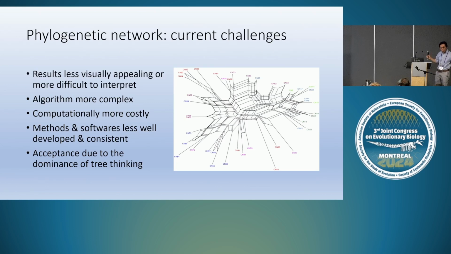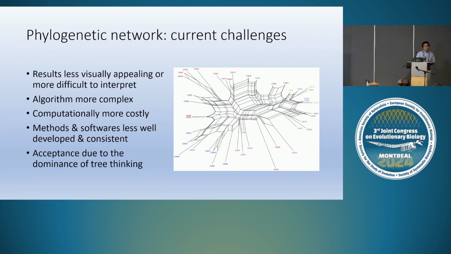A phylogenetic tree is so beautiful, so clear, and you can describe the relationships in many different ways, but a phylogenetic network seems to be very messy, as you can see here. And it's hard to interpret, and the algorithms involved to build a phylogenetic network are much more complex and computationally more costly, okay?